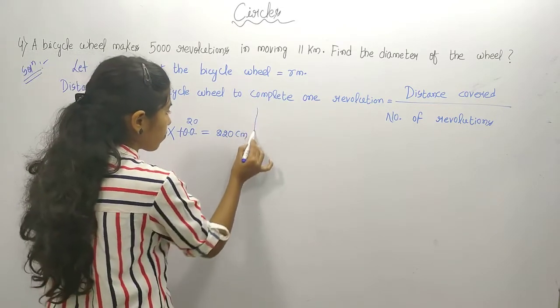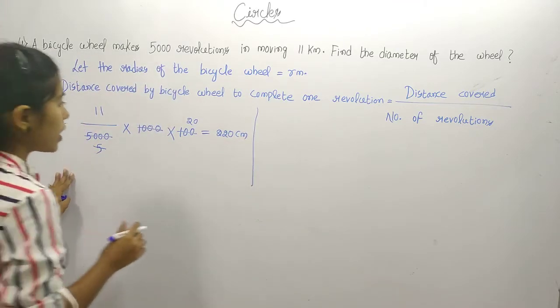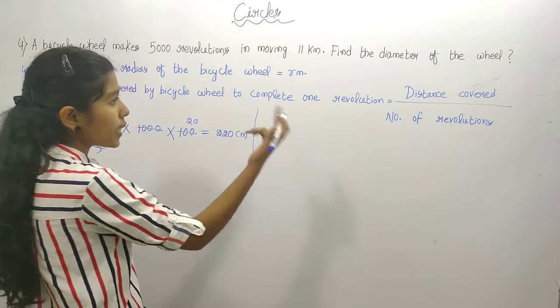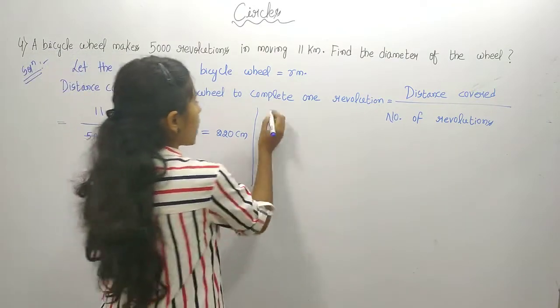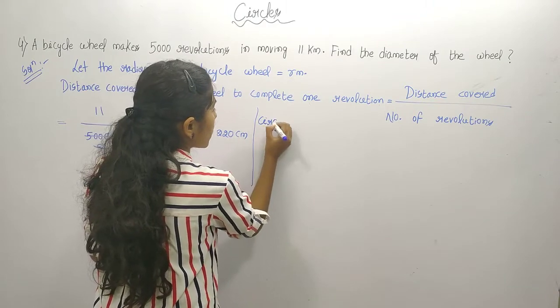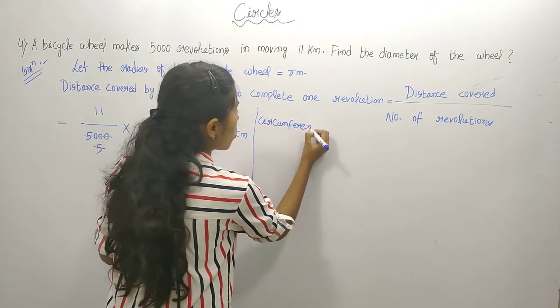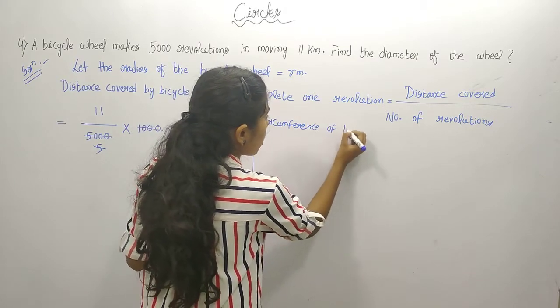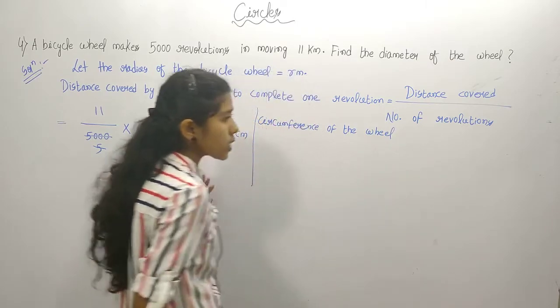Next, what we have to do? You see, now find the diameter of the wheel. You have to find the diameter of the wheel. Now circumference of the wheel. You have to find the circumference of the wheel. Wheel means what? A circle.